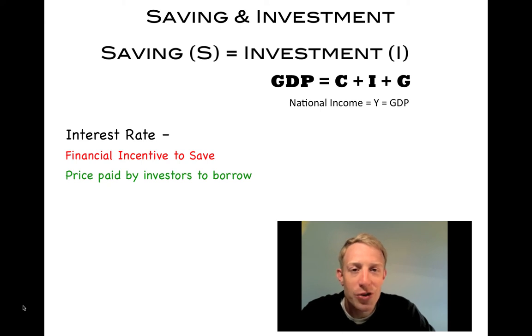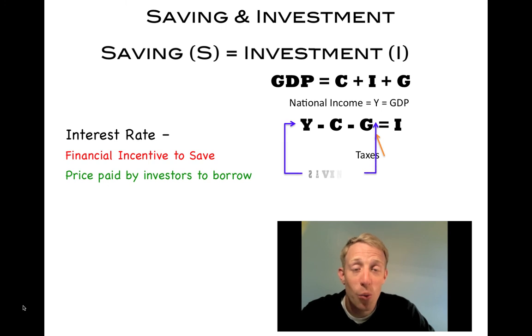Now, if we rearrange this equation a little bit and put income, or GDP, minus consumption minus government spending, which is funded by taxes, we get what you have left over at the end of the day. So we take your income, we subtract what you spend, we subtract your taxes, and whatever is left over is referred to as savings.